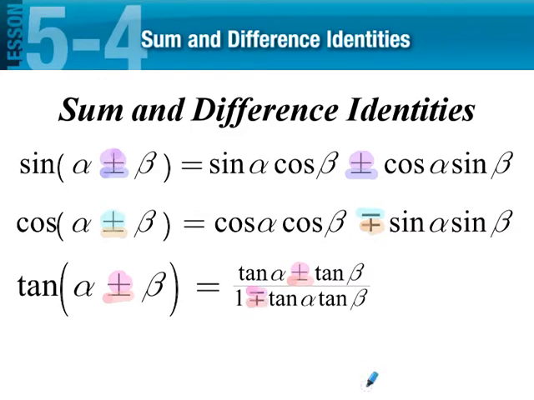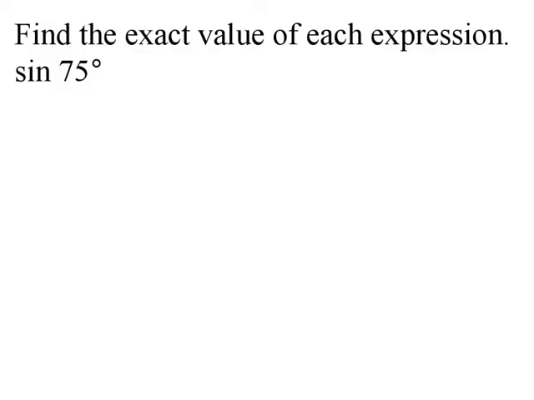Okay. So let's go ahead and look at an example. You're going to need your blue sheet, by the way. Find the exact value of sine of 75. So on your blue sheet, you need to find for me 2 angles that either add or subtract to 75 degrees. 30 and 45.